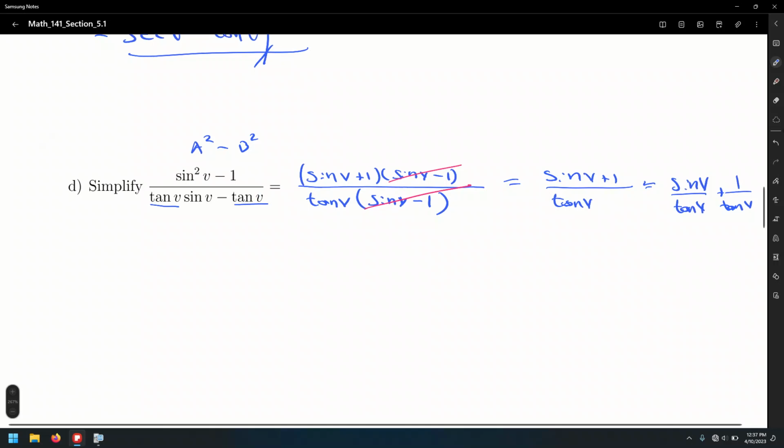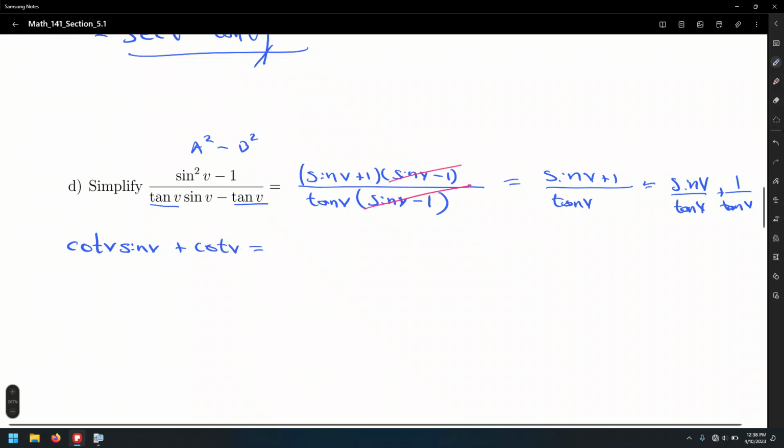And I'm going to move these tangents to the numerator as a cotangent. So cotangent v, because cotangent is the reciprocal of tangent, and tangent is also the reciprocal of cotangent. And then multiply that by sine v. Sine v, and 1 over tangent, that's a cotangent also.